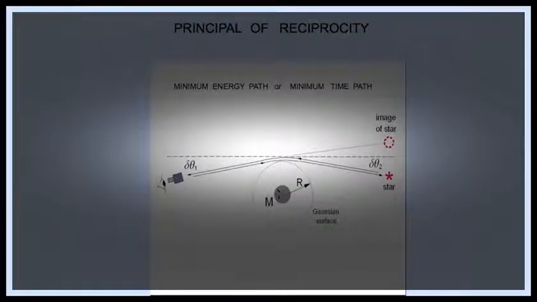Summarizing again the principle of reciprocity, what we just talked about. If you have bending of a star, let's say a star that is a distance beyond the mass that's responsible for light bending, and you are the observer at the telescope, according to general relativity you would not see a point light source. In other words, you should see bending all around, and this is looking at it in 2 dimensions.